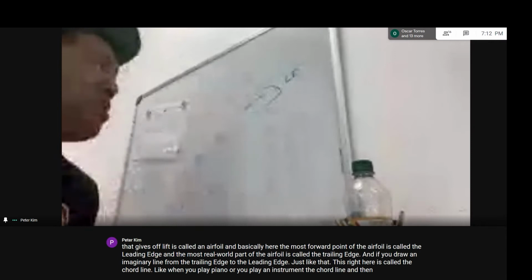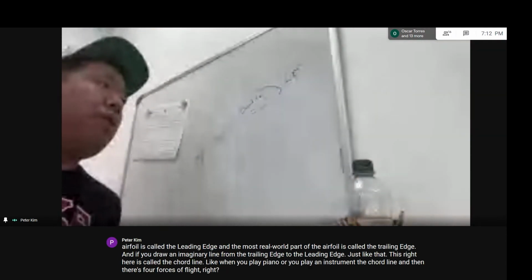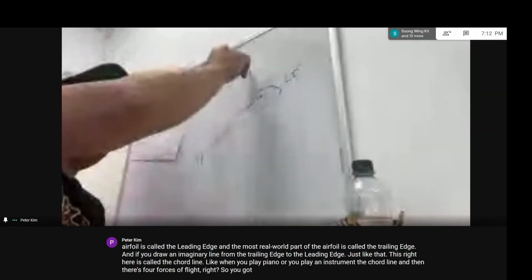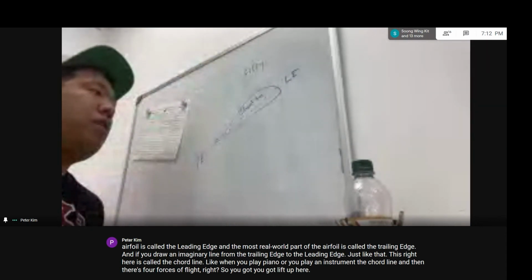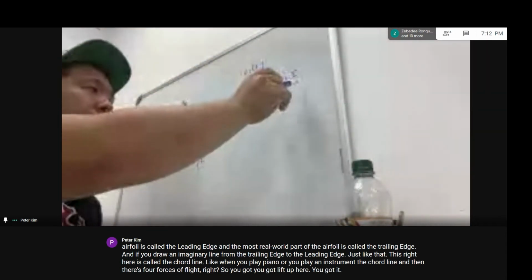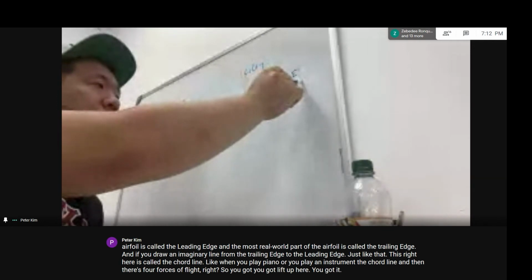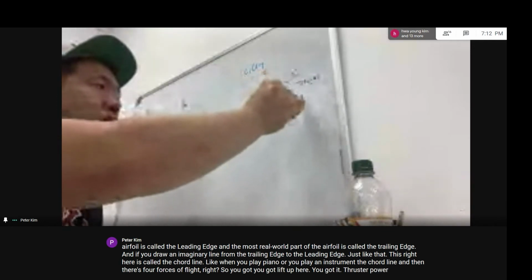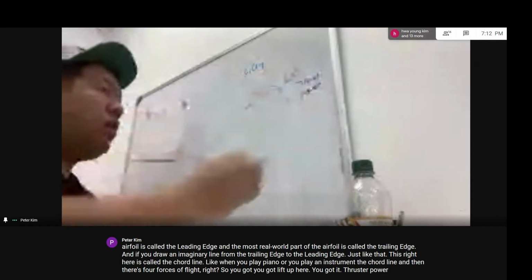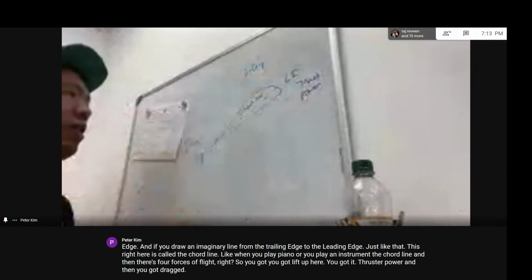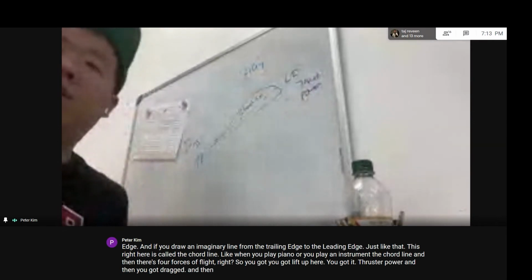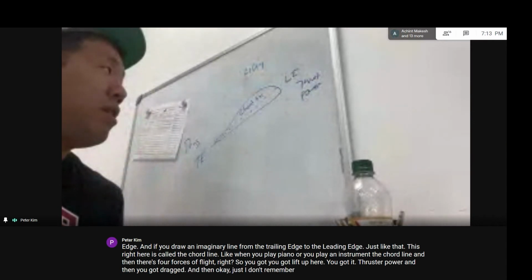And then there's four forces of flight, right? So you got lift up here. You got thrust or power. And then you got drag. And then, okay, I don't remember the fourth one.